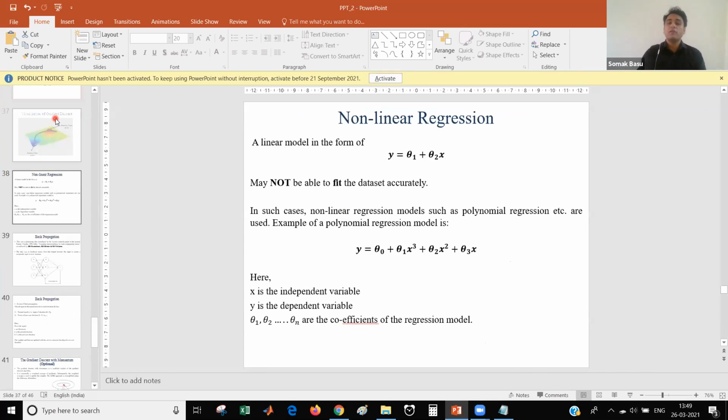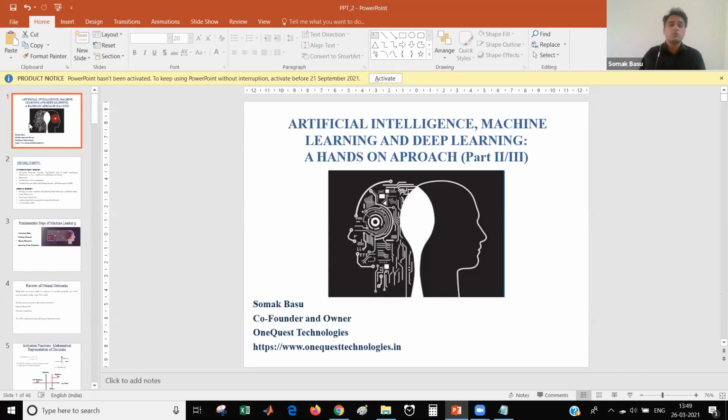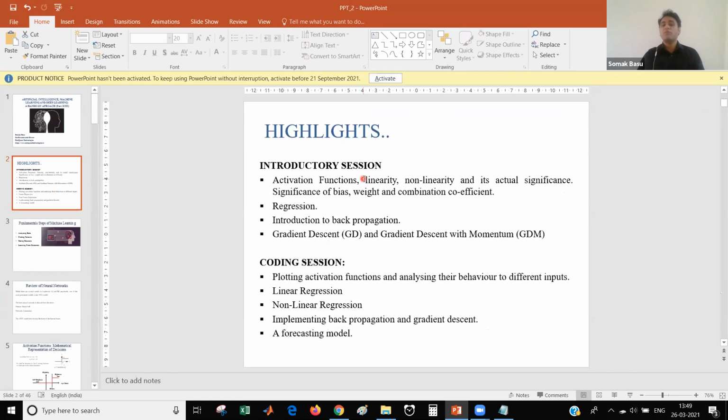So this is what we have covered in this section. We had started with activation functions, linearity, non-linearity, its significance, significance of bias, weights, and combination coefficients. We have seen regression, we have seen back propagation, we have seen gradient descent. We haven't covered gradient descent with momentum. We'll cover this in the next session. And after that, we have plotted activation functions. We have seen what is the significance of the bias and the weights.